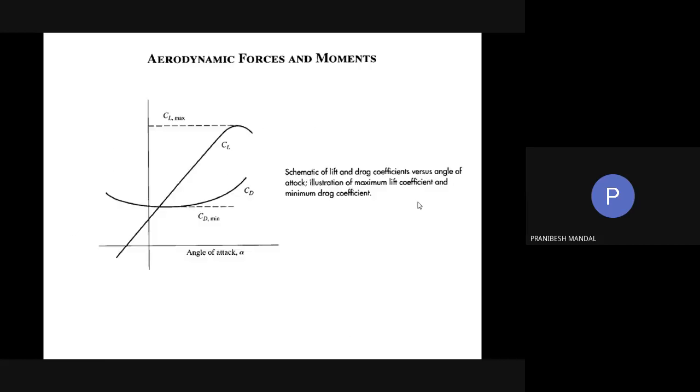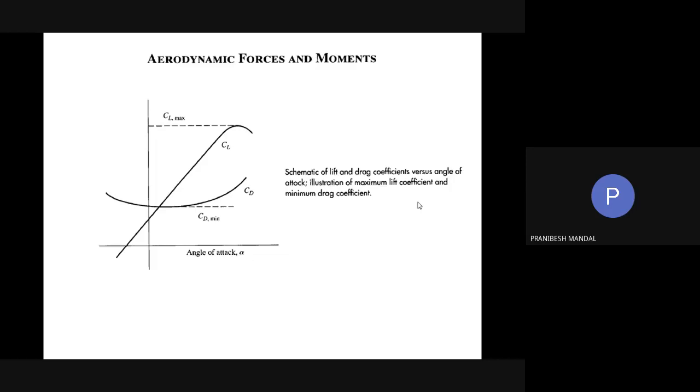For the actual airplane cases, the lift coefficient and drag coefficient vary with the angle of attack in this way. CL actually increases with angle of attack up to a certain point, then decreases rapidly. For CD, it is more or less constant, and for high angle of attack, it increases.